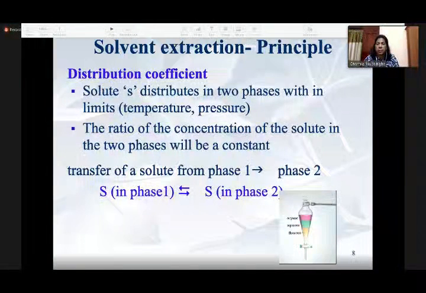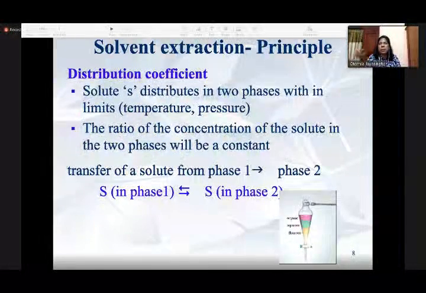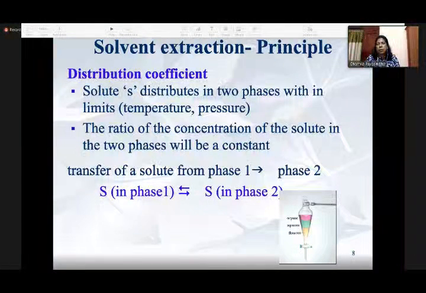At a given temperature and pressure, whatever this solute or analyte is, it goes to the preferred phase and stays there. Therefore, what we have to do is take the preferred phase of the analyte that we are going to analyze, and then we can continue our analysis.